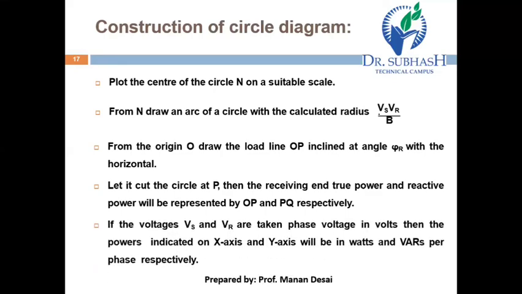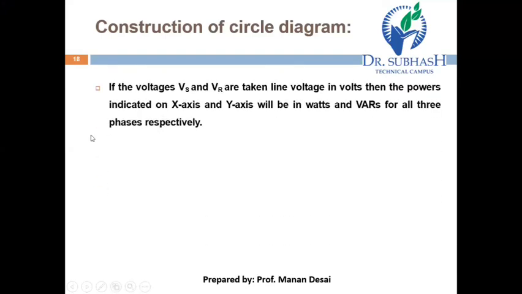If the voltages Vs and Vr are taken as phase voltages in volts, then power indicated on the x-axis and y-axis will be watts and VAR per phase respectively. If Vs and Vr are taken as line voltages in volts, then the power is indicated as watts and VAR for all three phases.